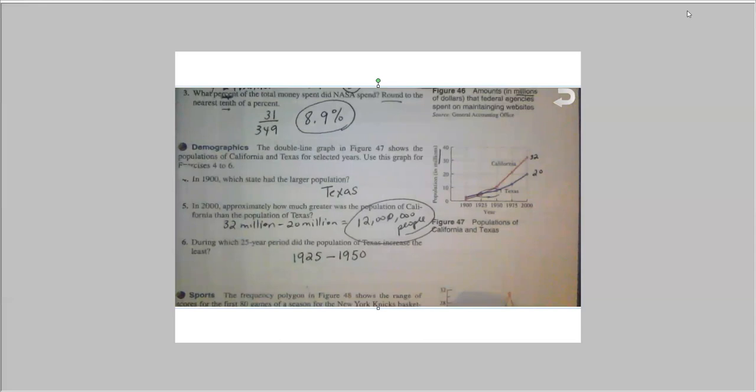And be sure to show each individual interval. Maybe if it asks which intervals did it grow the least, you wouldn't just say 1900 to 1950. You'd need to break it up, 1900 to 1925, 1925 to 1950. So make sure you individualize those intervals on the questions this week.